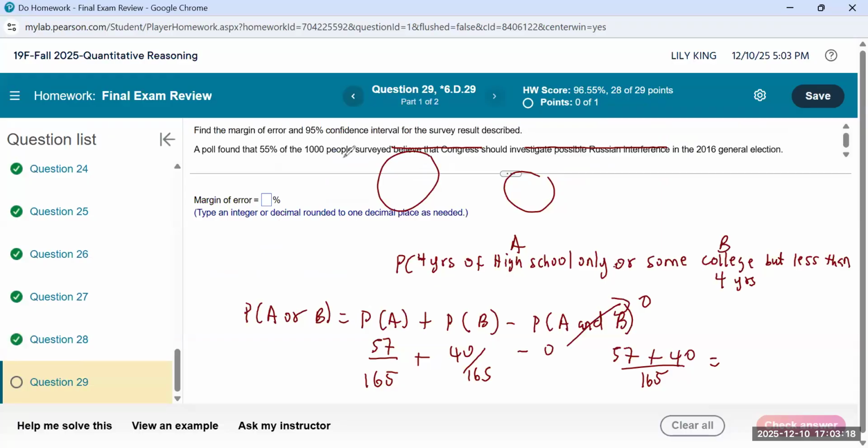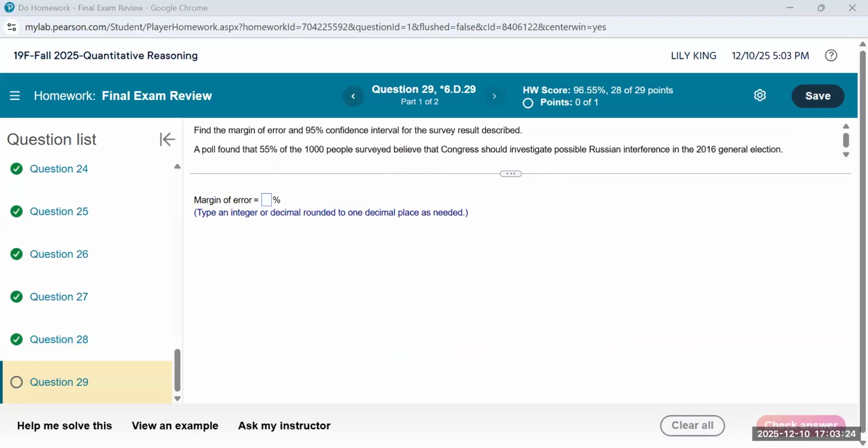And our very last question has to do with margin of error and confidence interval. So given a sample size to find the margin of error, this is plus or minus 1 over square root of n. So we have plus or minus 1 over square root of the sample size, which is 1,000.